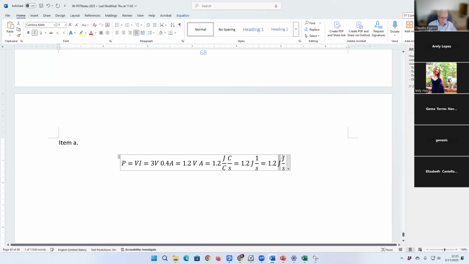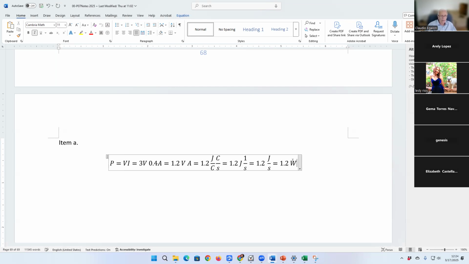And joules per second is what? The unit of power. That's the watt. So, 1.2 watts.